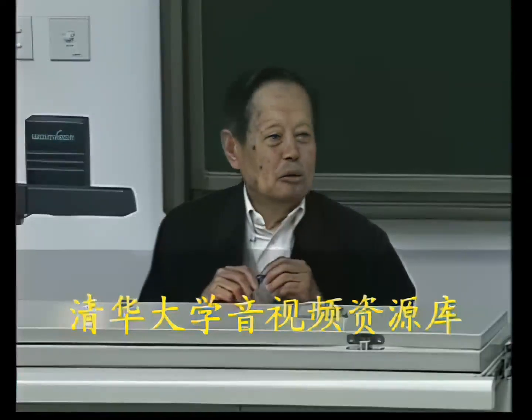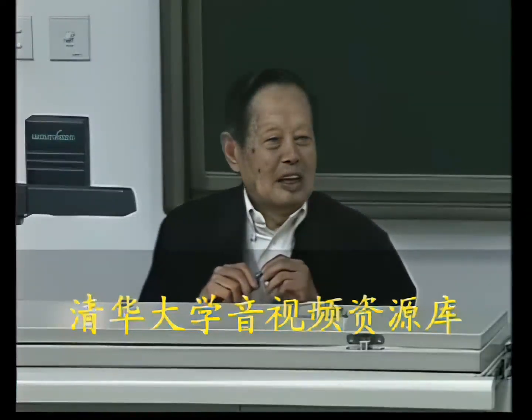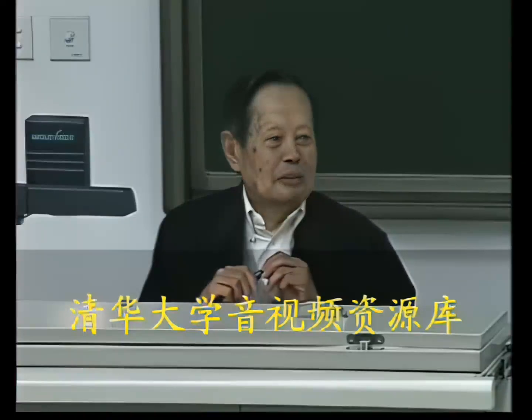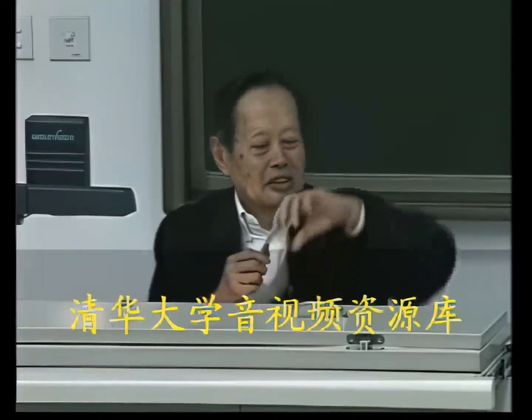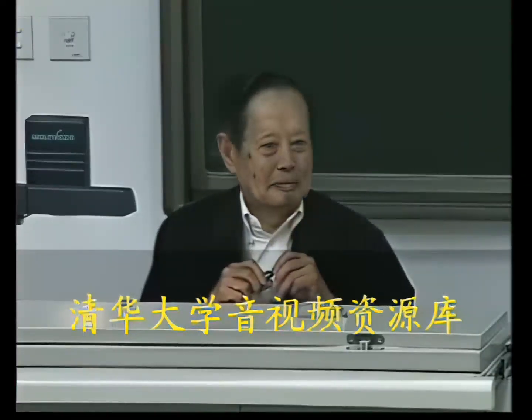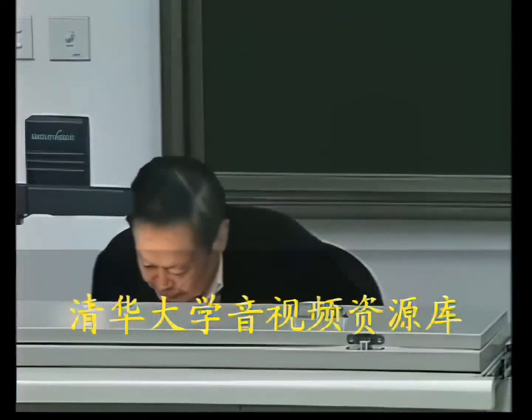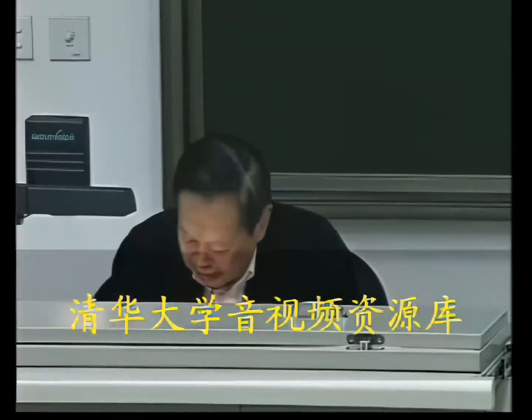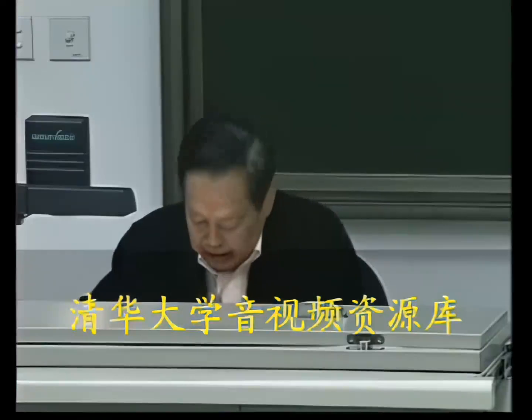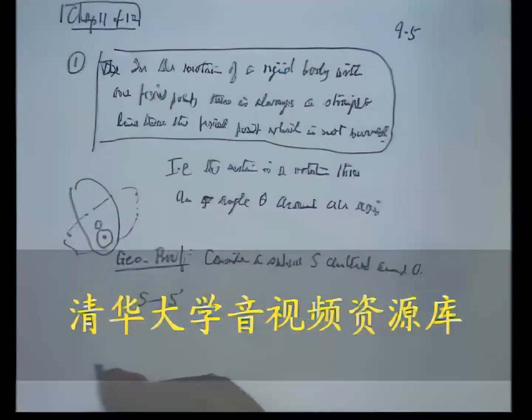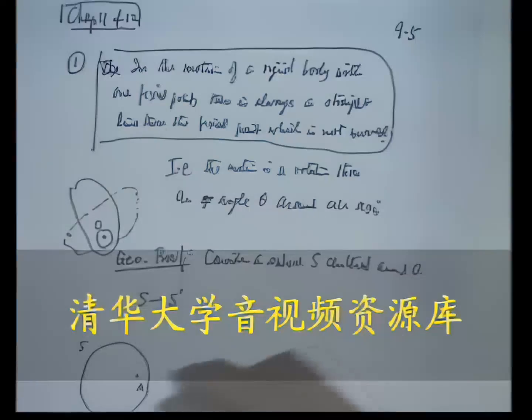I now want to prove that the difference between S prime and S is just a rotation. Here's a sphere. Let's consider a point A on it. After rotation, it becomes A prime.